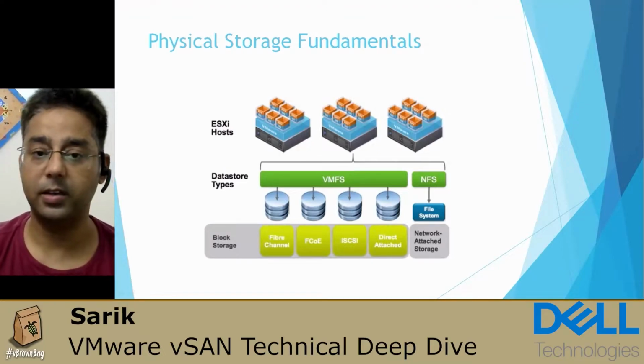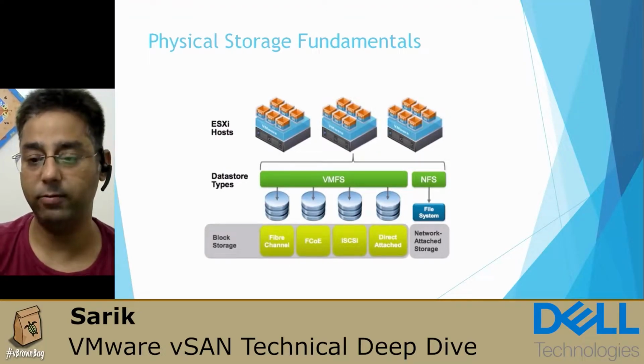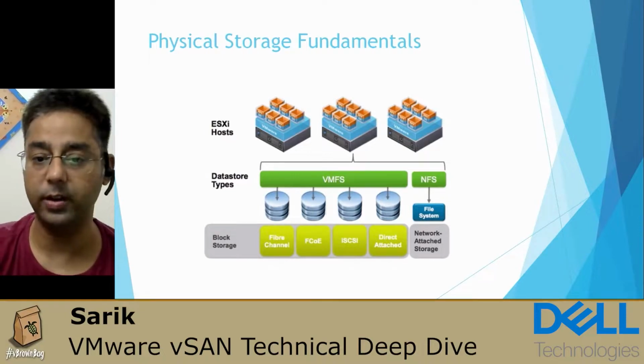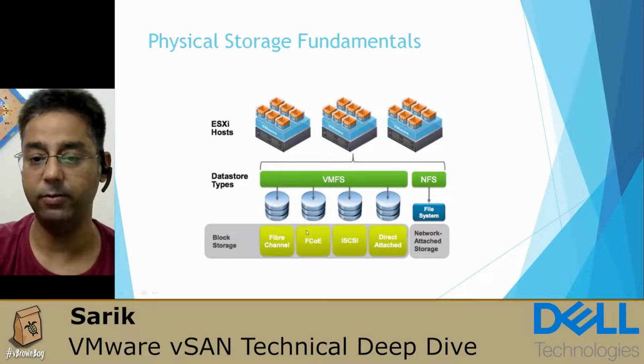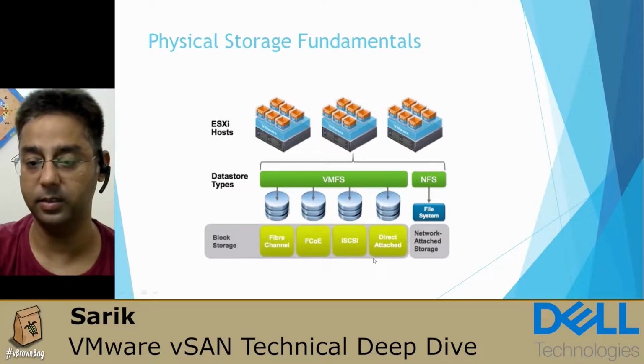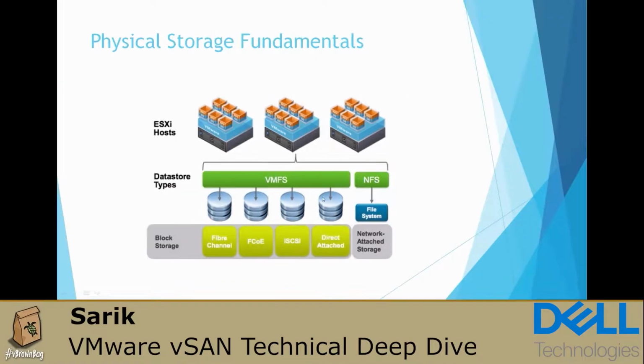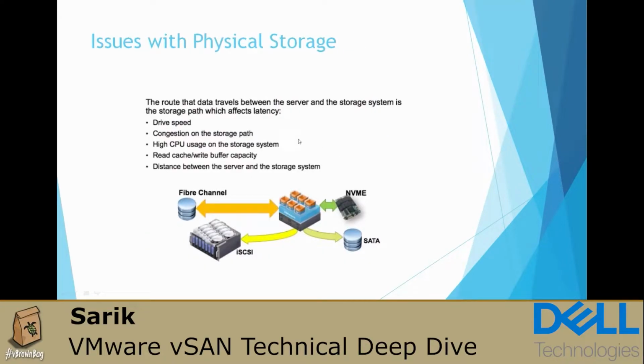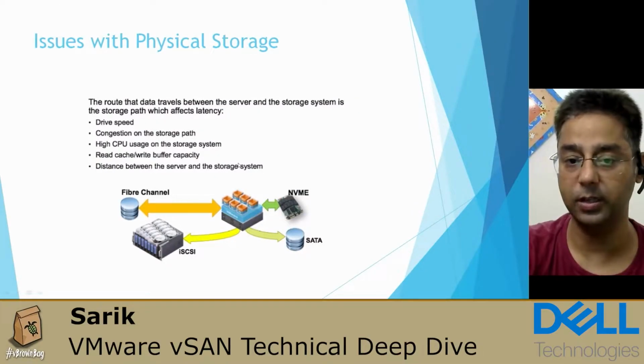So let's proceed. As you know, in the physical world we were using traditional storage. In traditional storage we had fiber storage, FCoE, iSCSI, or local storage or NAS. On top of that we created a VMFS or NFS datastore for VMware virtualization, and due to this we had a lot of challenges, like speed issues and congestion issues with the storage path.